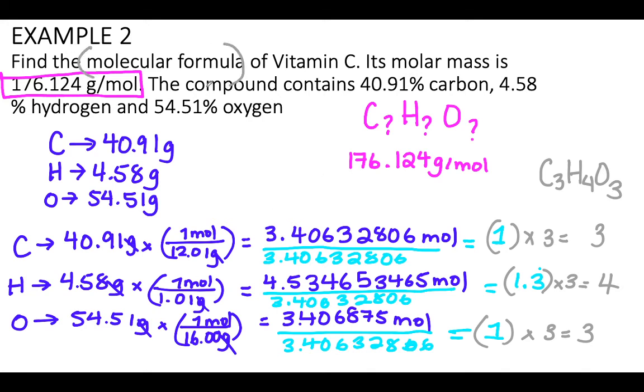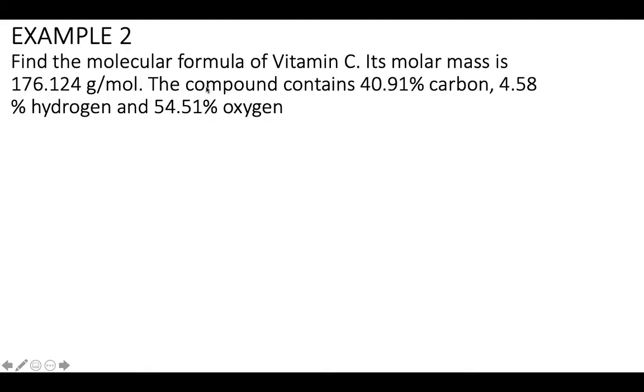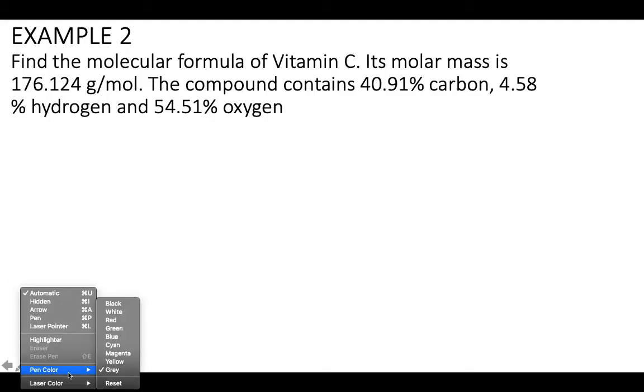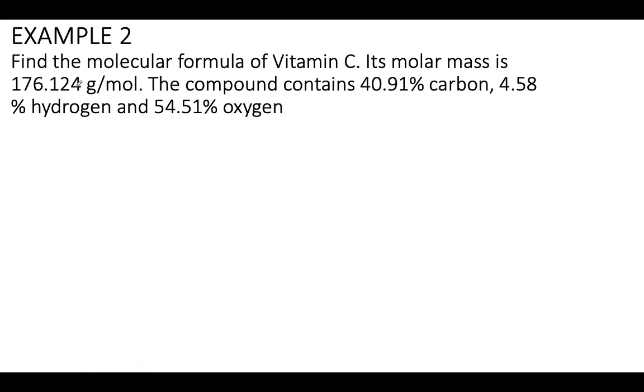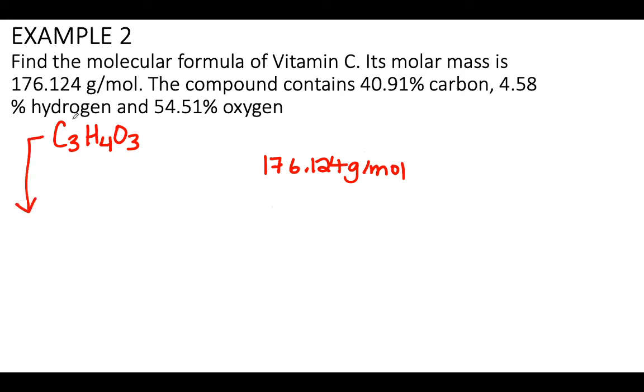But remember that the question is asking me for the molecular formula. How would I find that? Let me just go back to give me a little bit more space. So the empirical formula is C3H4O3. I know that the molar mass of the molecular formula is 176.124 grams per mole. I have to now find the molar mass of the empirical formula. Just like we did previously, I have to account for the molar mass of each of those elements times the number of each of those elements.